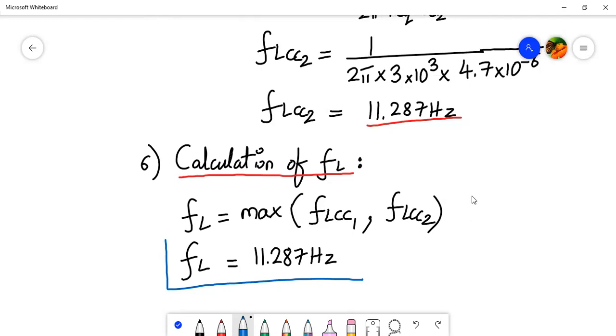And how do we decide that lower cutoff frequency? It will be the maximum of FL of CC1 and FL of CC2. I guess I might have to restart Microsoft Word, because it's not responding right now. So let me just start it again.